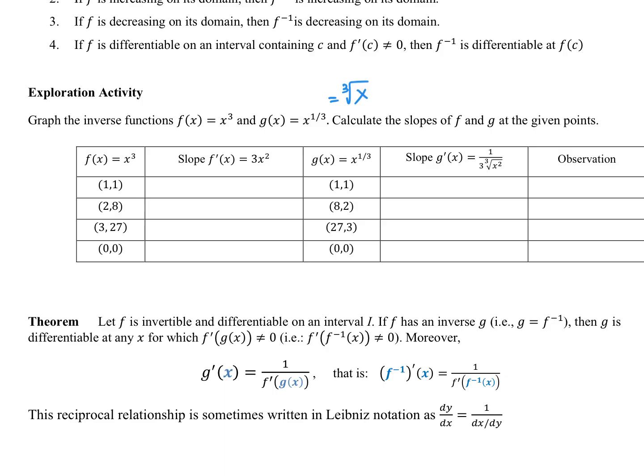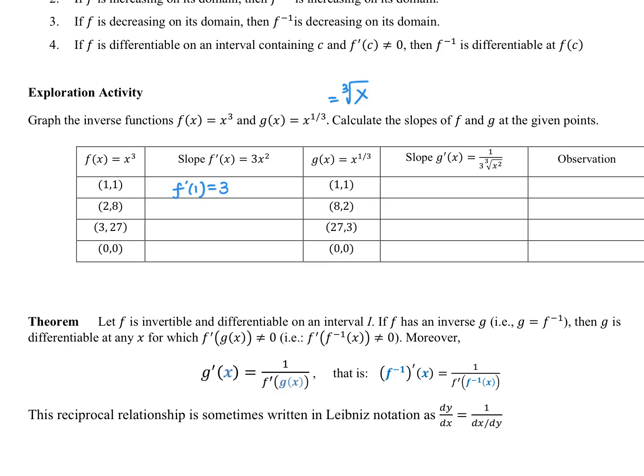Let's find the derivative of f of x at the following points. So f prime of x is 3x squared. And f prime of 1 is just plugging 1 into this derivative, which is 3 times 1 squared, which is 3.